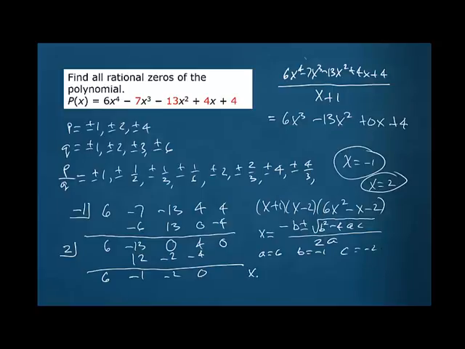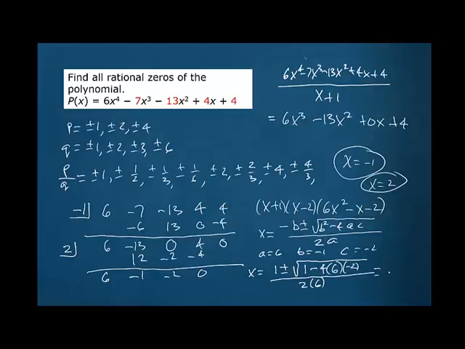So x then would be the opposite of b. B is -1, so that's going to be +1, plus or minus the square root of b squared. B is -1, and if we square -1, we get +1, minus 4 times a is 6, times c is -2, and the whole thing then is divided by 2a, so 2 times 6.